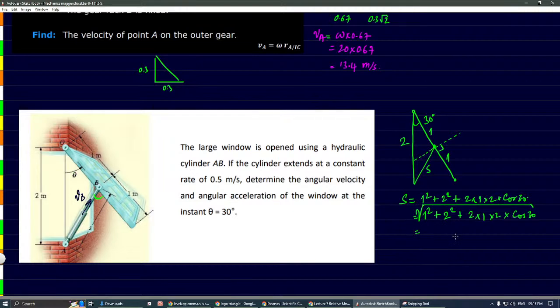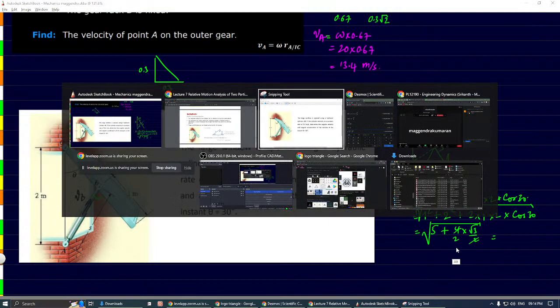What do we get? Yeah, 2 times cos 30. 2 into 2, 4 times cos 30. So 1 plus 4 is 5 plus 4 into cos 30 is root 3 by 2, no? I think it will cancel. Now we have to calculate it.